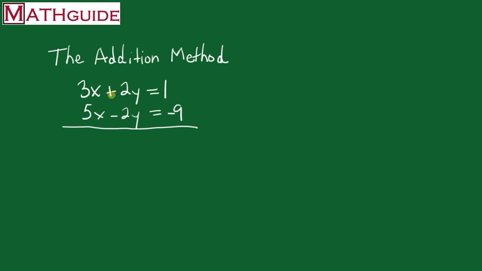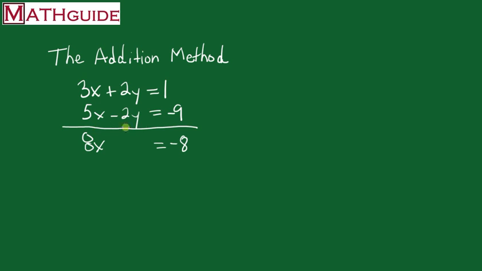So the result is that these two y terms are going to cancel, and we're going to be left with an equation that has just one letter in it, namely x. All right, so let's say we add these 3x plus 5x. We're going to get 8x. Let me just write that a little bit neater. We've got 8x. And over here, when we add 1 and negative 9, we're going to get negative 8.